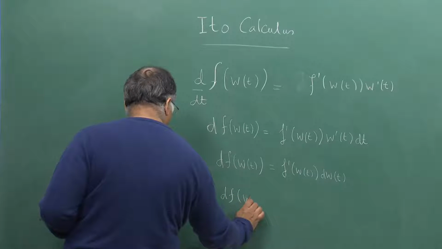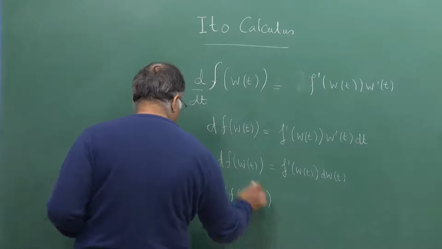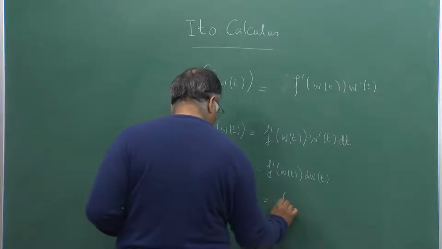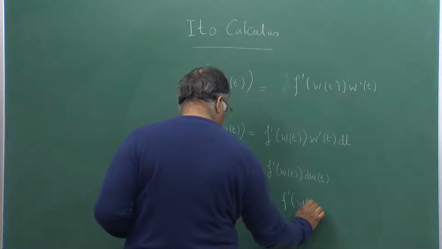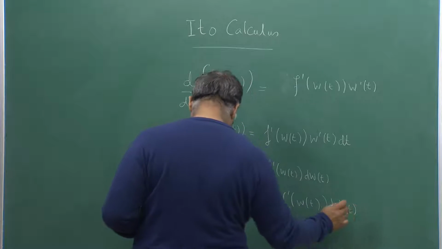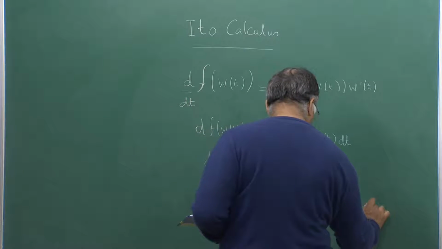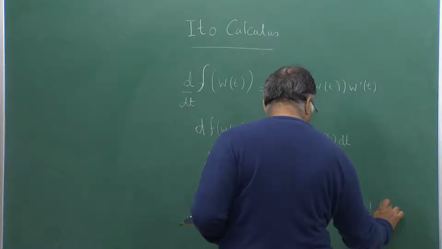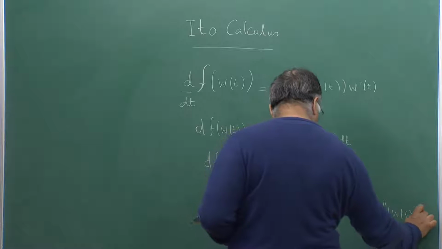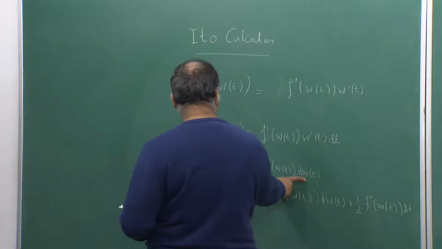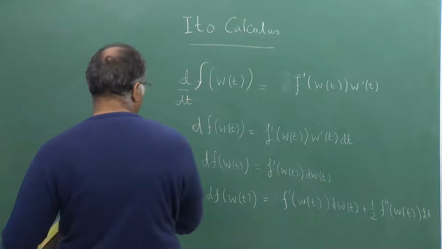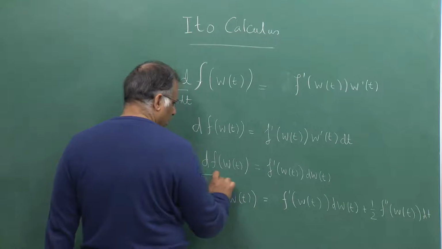So in Ito's sense, this actually means, assuming that f is nice enough to be twice continuously differentiable, this is what you will get, instead of getting this, which you get if you are thinking in terms of standard calculus. And this is what you get as a stochastic calculus.